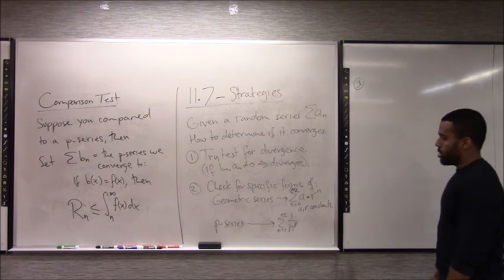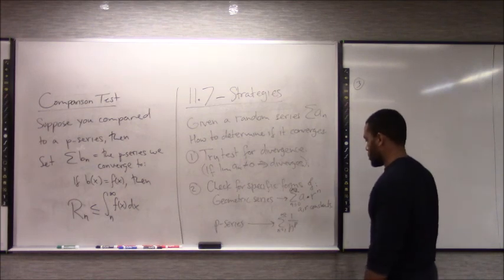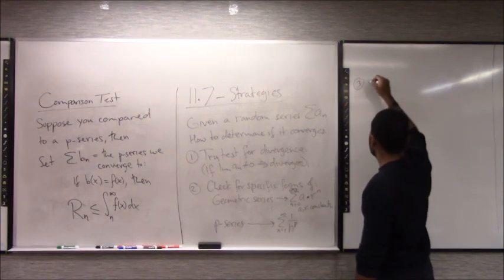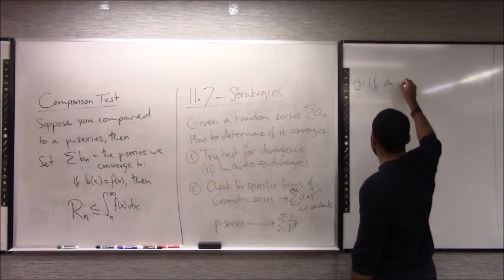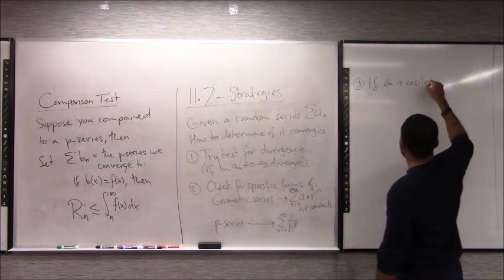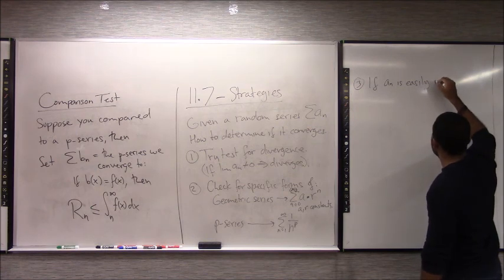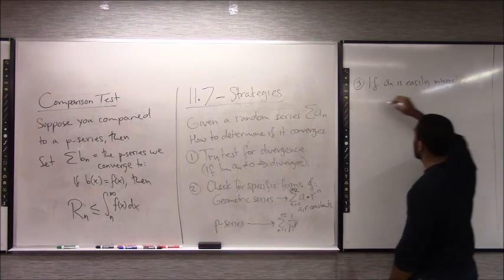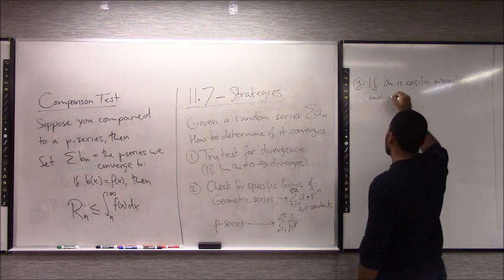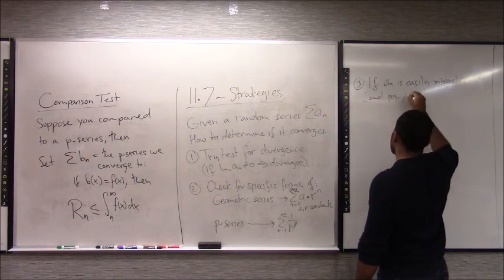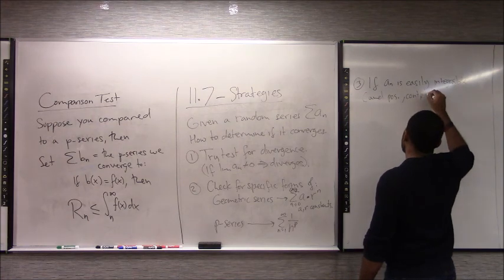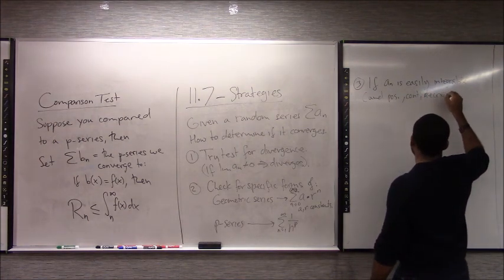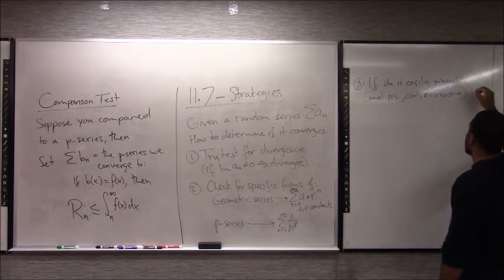The third thing is probably if a_n is easily integrable. And of course you have to check positive, continuous, decreasing, and try the integral test.